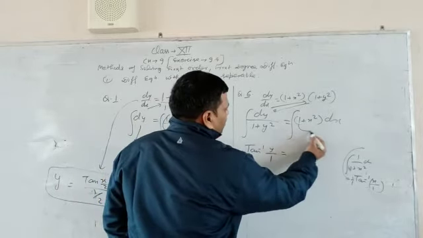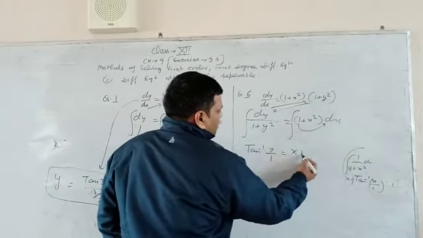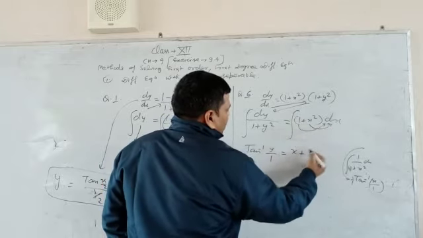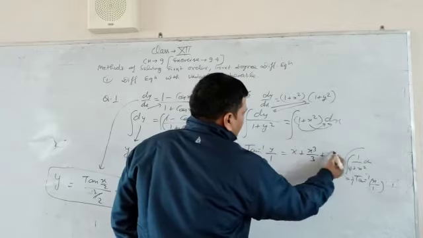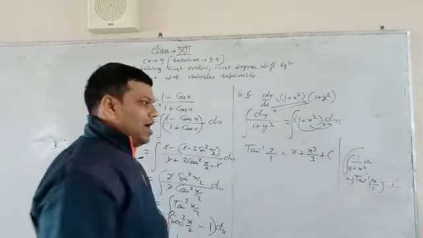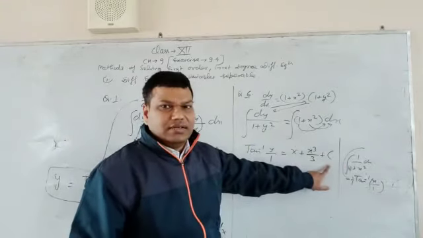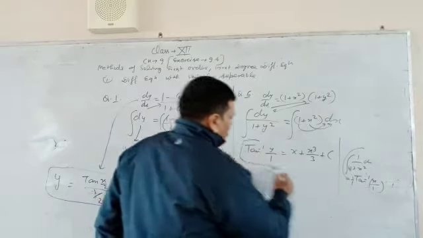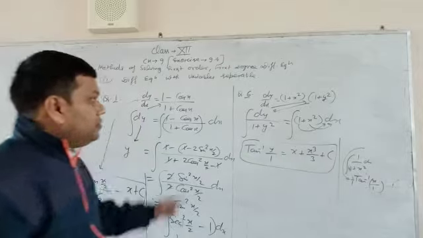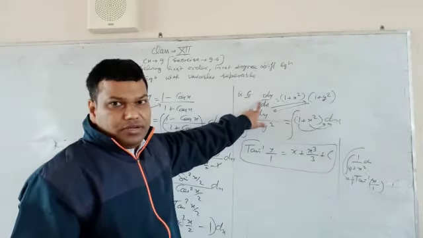Also, what is the integration of 1 into dx? That is x. What is the integration of x square? That is x cube by 3. You can integrate easily, and of course in the last, the integrating constant c. Now we got the general solution of this given differential equation.